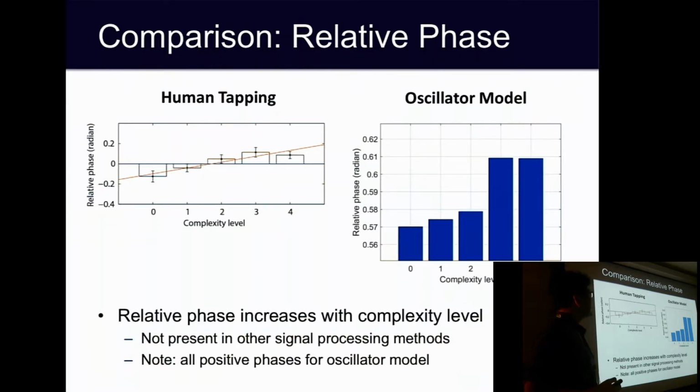The model shows a similar trend of increasing relative phase with complexity level. But the model phases were all positive, meaning they were all behind. Probably because they're reactive and just driven, not really predicting.